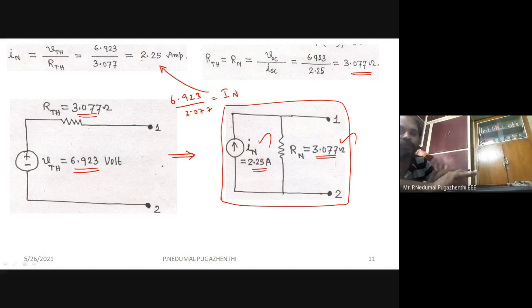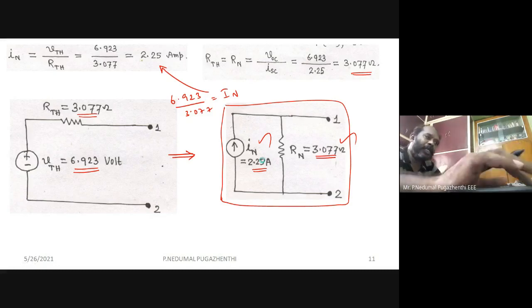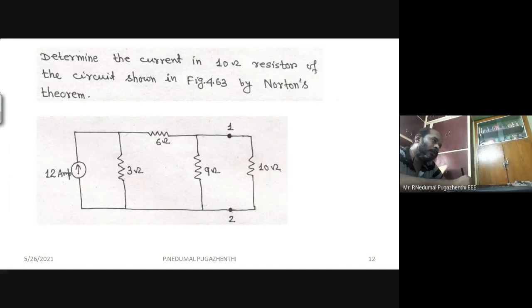That is what we have verified. So in a problem asking you to find a Norton's equivalent circuit, you stop with the first two slides. Find IN, find RN, plot the equivalent. That is over. Any doubts here?